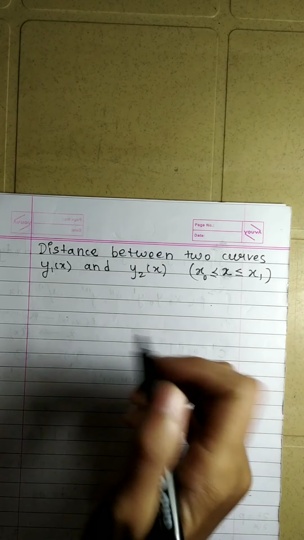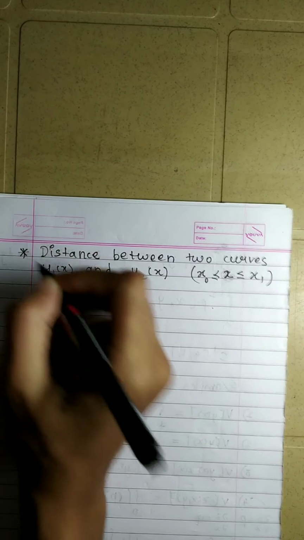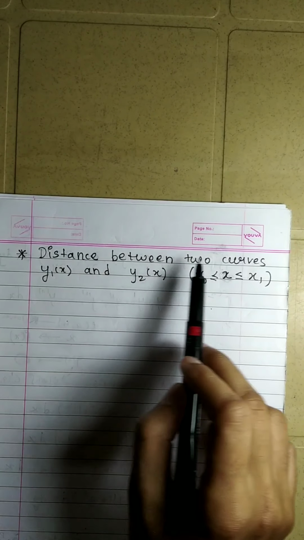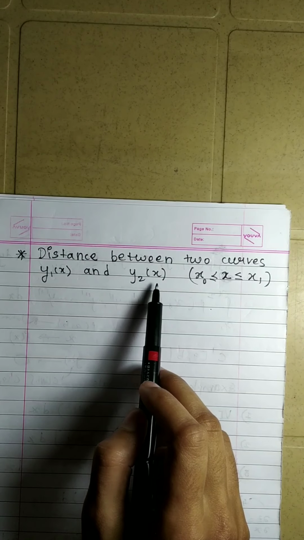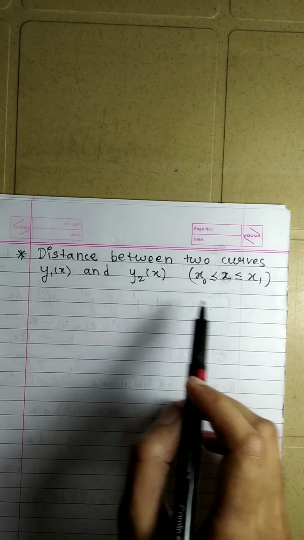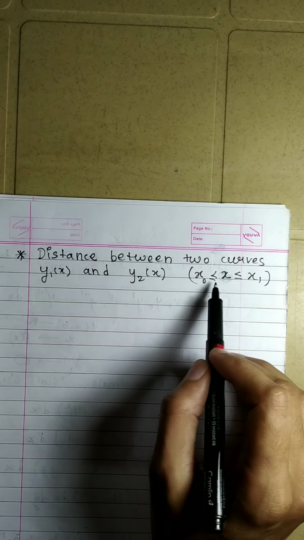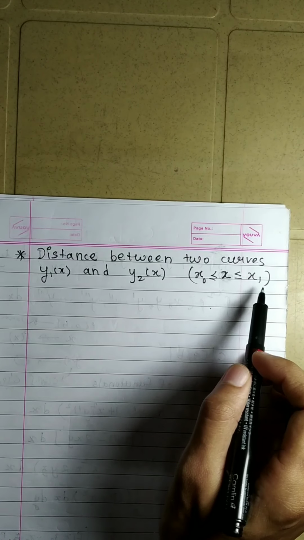Then there is one more definition: the distance between two curves y1 of x and y2 of x, where x is between the interval x0, x1.